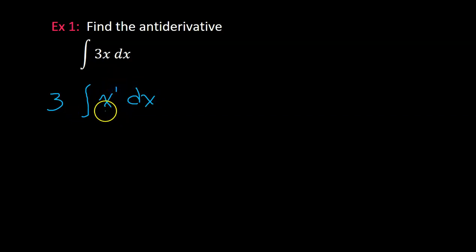So the power rule of integration says we can add 1 to the exponent. That will give us x squared. And then divide by that new power. So that will be the integral. Of course, we have to add the constant of integration. So this is the integral of x.